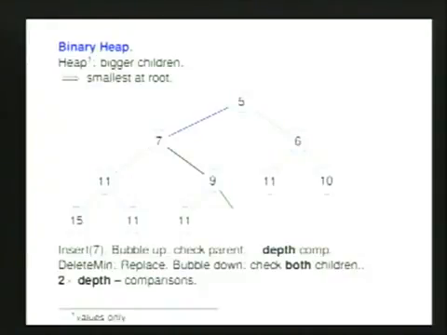So when you use d as a variable, this 2 becomes d, and it's no longer just a constant. If the degree is d, what's going to happen to the depth? With a higher degree, is the tree going to be deeper or shallower? By raising the degree, you decrease the depth, so you decrease the running time of inserts. But by raising d, you increase the running time of delete min, because you have to look at all your children.